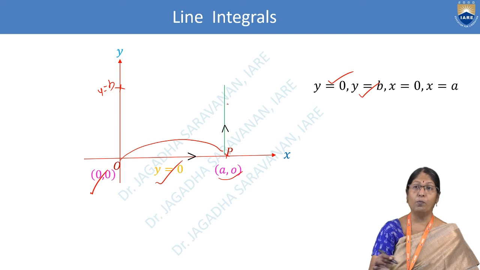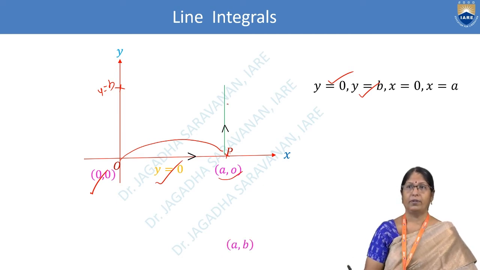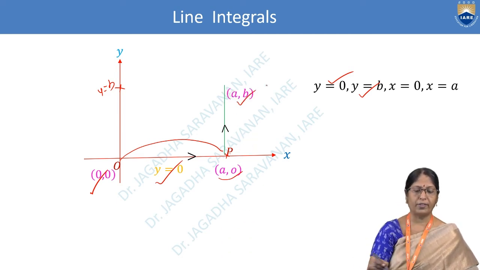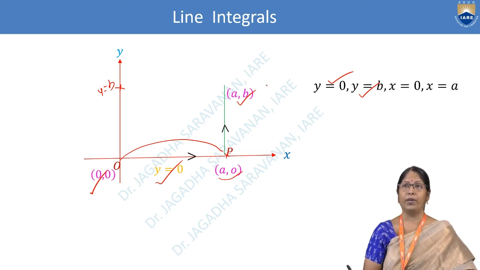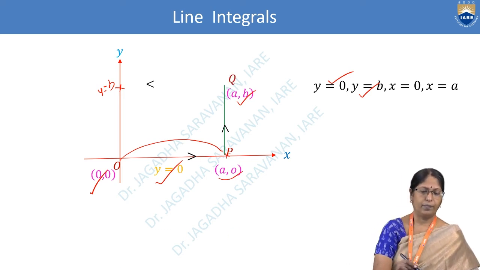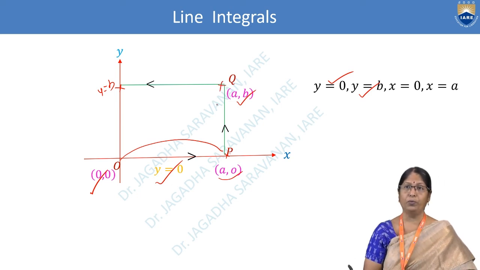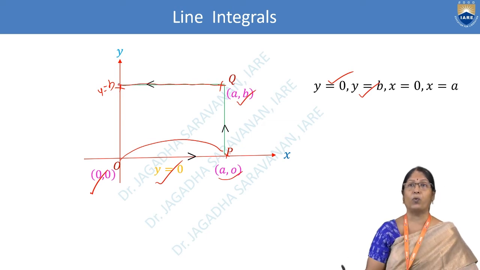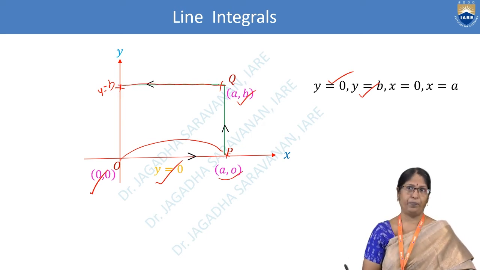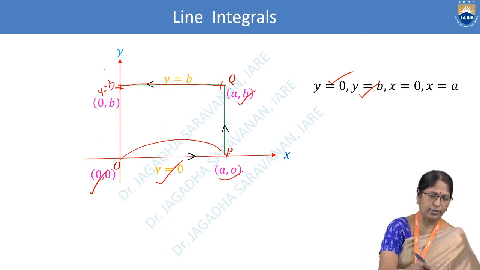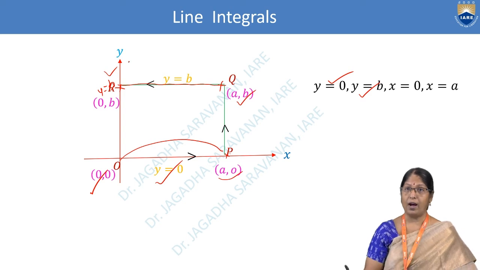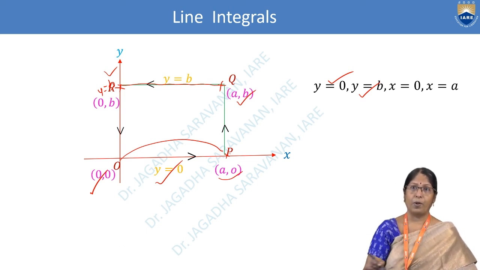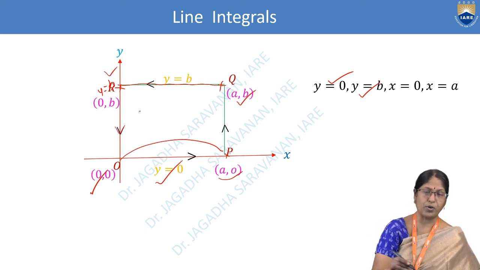From P it moves upward, and the point is a comma b. This intersecting point is named Q. From Q the particle moves and touches the y-axis at the point b, which we name R. From R to O, the direction is given.